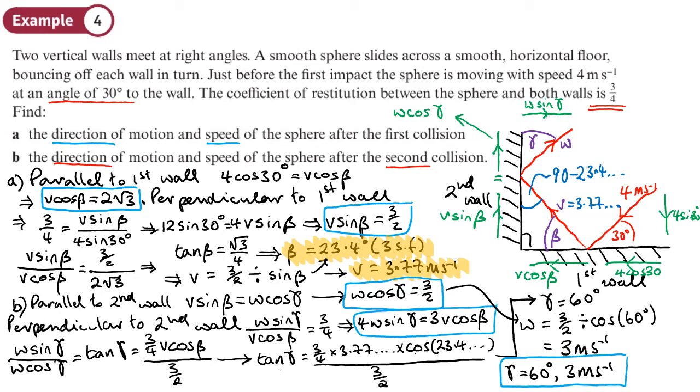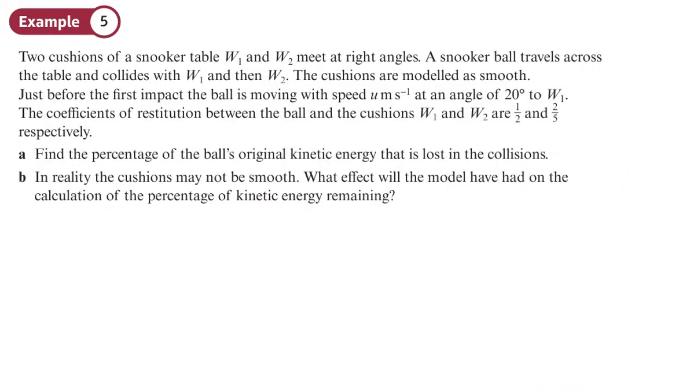So here we've got this second collision, and we try to be as exact as we can. Two cushions of a snooker table, W1 and W2, meet together at right angles. So very similar to the last one, not walls, but cushions of a snooker table. They meet at right angles, as it should if it's a proper snooker table.